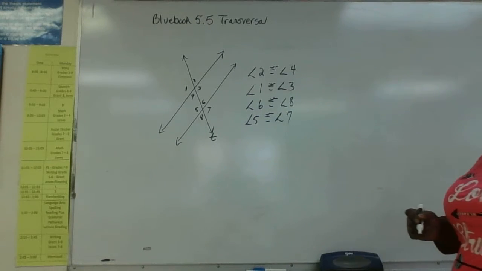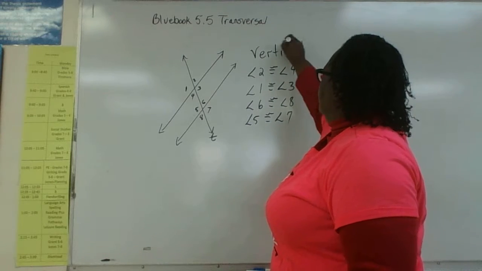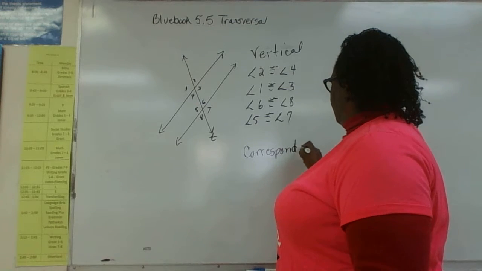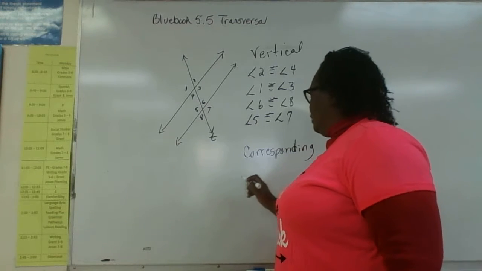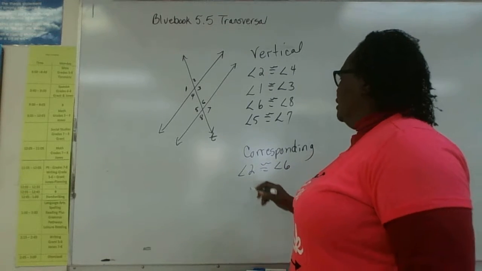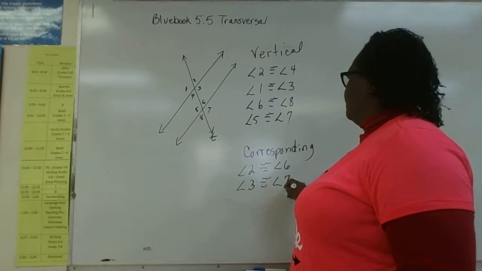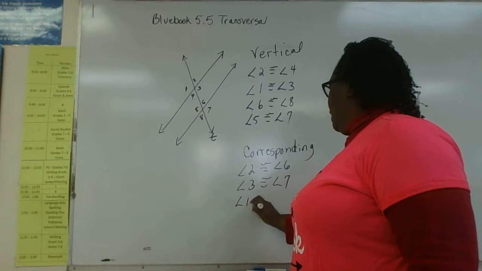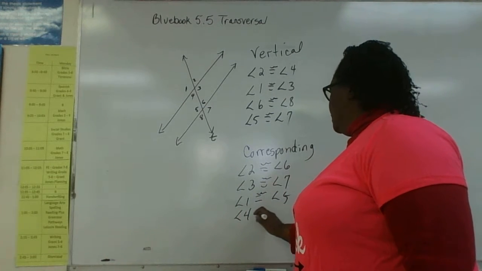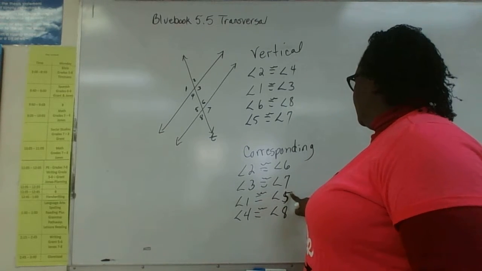Corresponding angles. So let's take a look at it. These are congruent because they're vertical, but these are congruent because they are corresponding. And here we go. Angle 2 is congruent to angle 6. Angle 3 is congruent to angle 7. Angle 1 is congruent to angle 5. And angle 4 is congruent to angle 8 because they are corresponding angles.